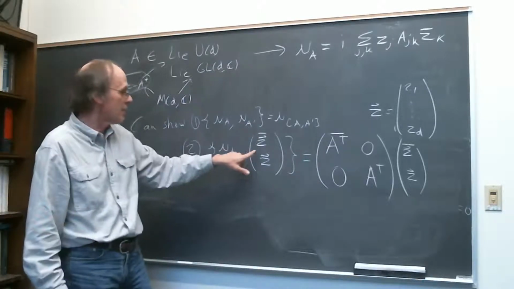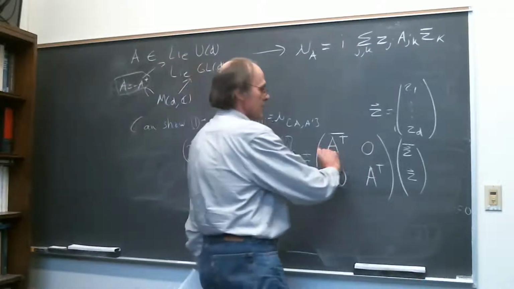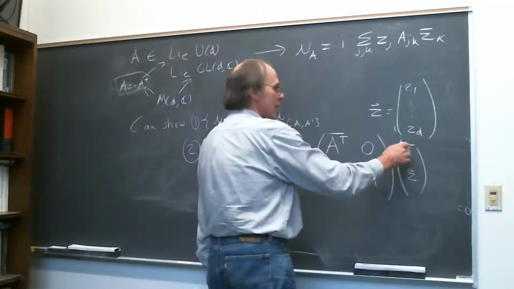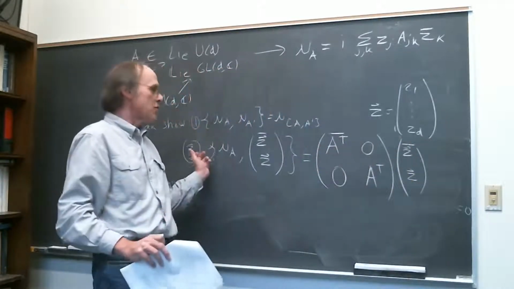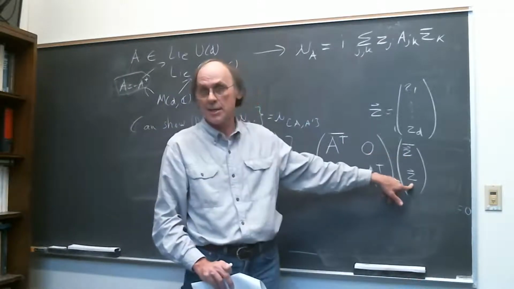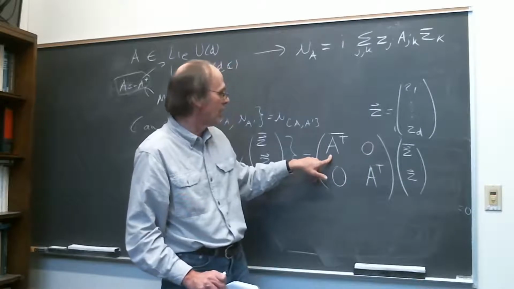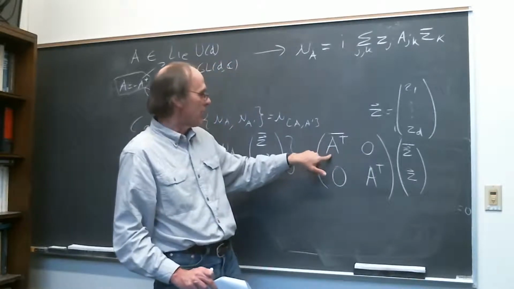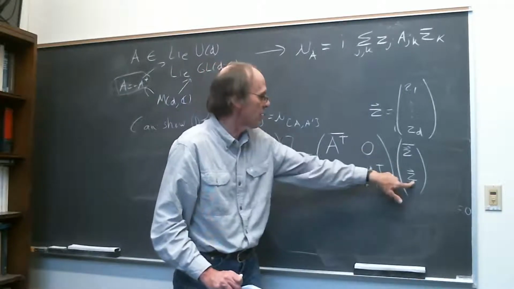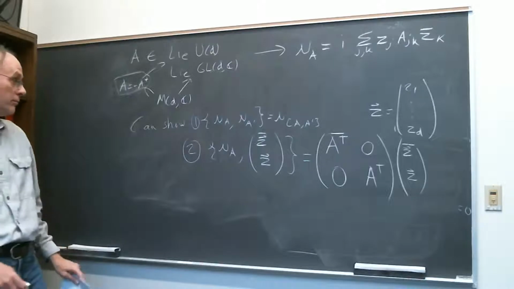To see what this does to those objects, the formula you can work out is that it takes z bars to z bars, and z's to z's, by multiplication by the transpose conjugate of A on the z bars and by the transpose on z.